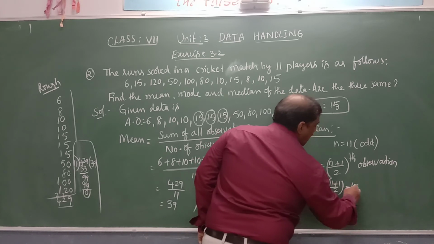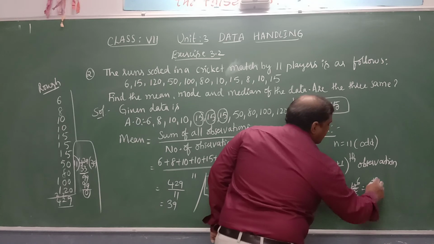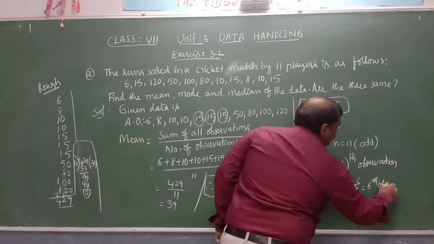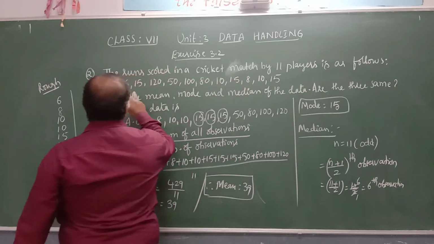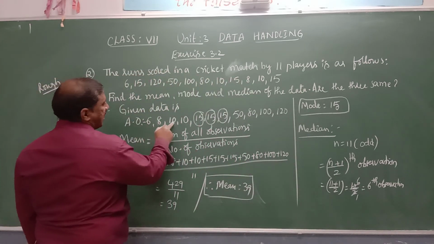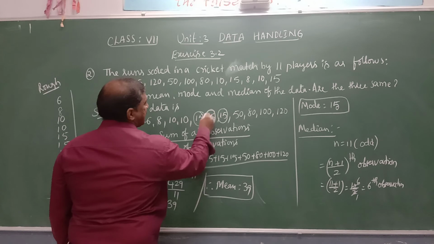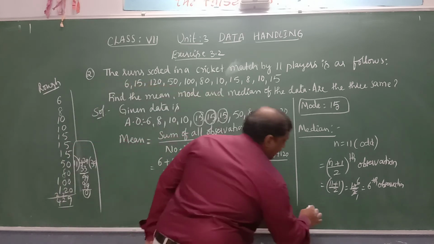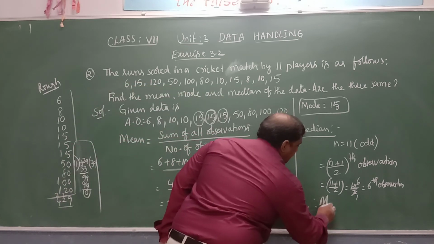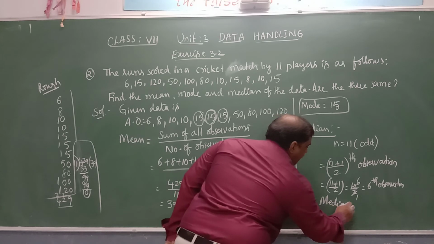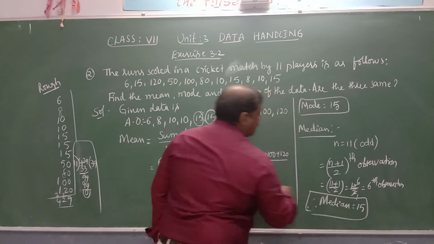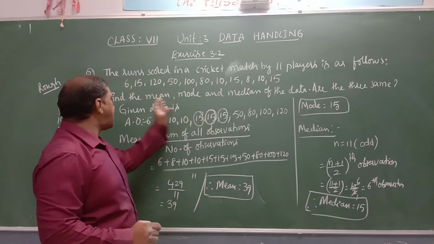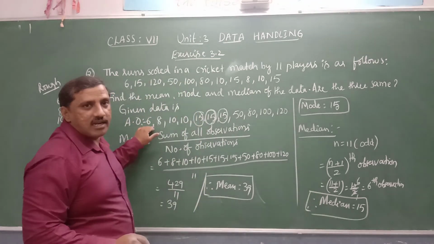That is 6, the 6th observation. Which is the 6th observation in the given data? 1, 2, 3, 4, 5, 6. Again it is 15. So the median is 15. Again the median of this data is 15, and it is there in the given data.